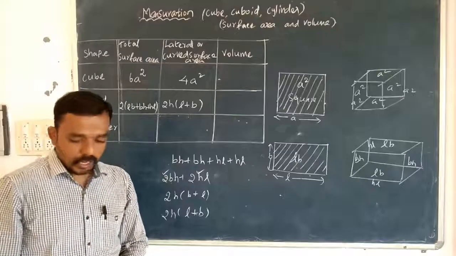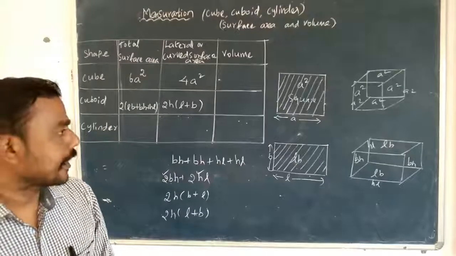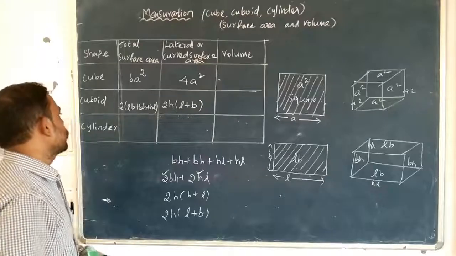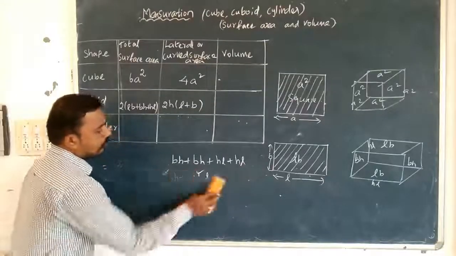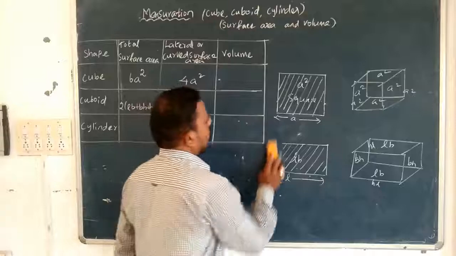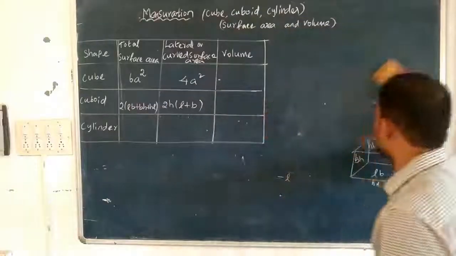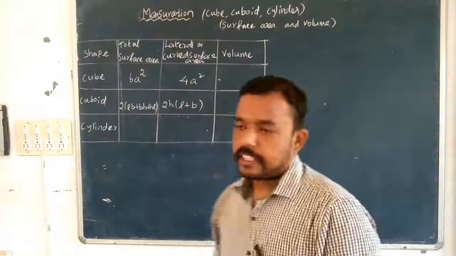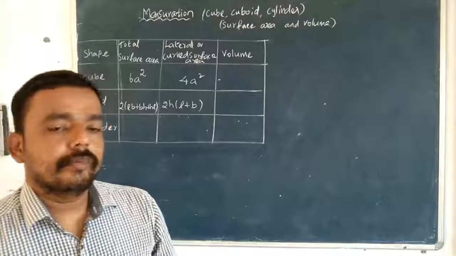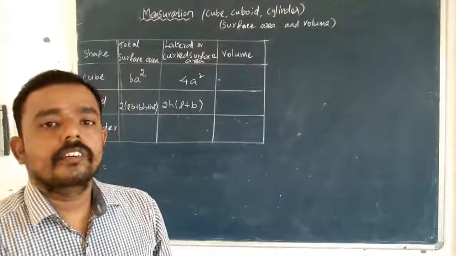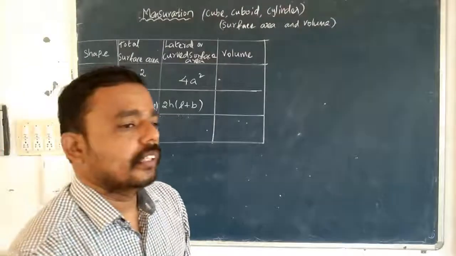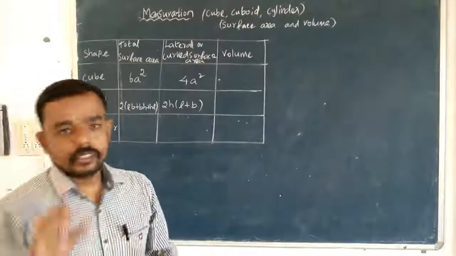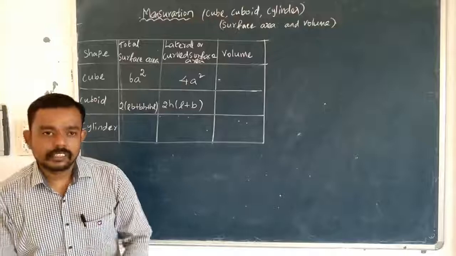Okay. Now we need to study the important thing: the cylinder. Cylindrical shapes we already know, we have many examples. Our pipes and many rounded things are cylinders.